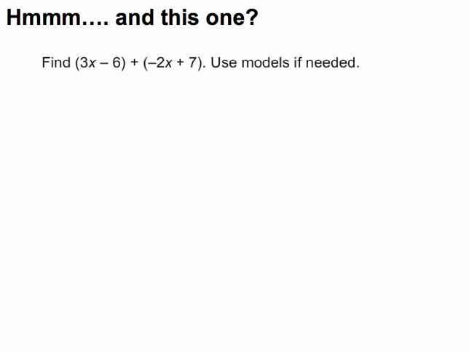We've got one more example to try. At this point, it would be wise to pause the video and try this on your own. And now let's go over it. Since I'm adding, again, the parentheses are not necessary. Tomorrow we'll look at what it looks like when we subtract. So I have 3x minus 6 plus negative 2x plus 7.